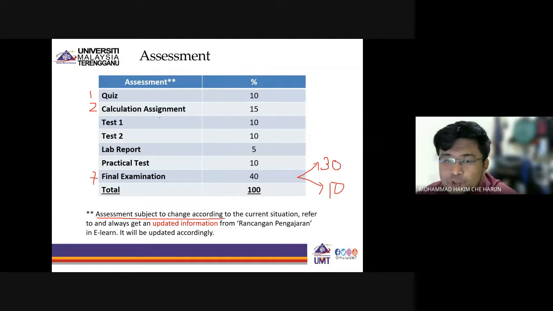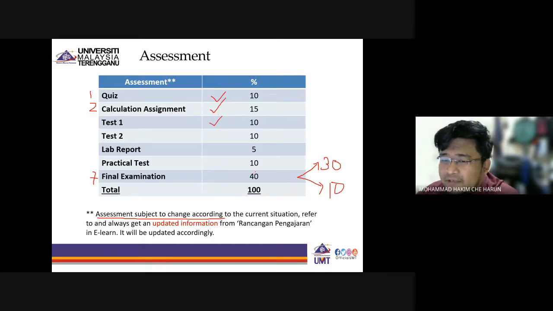So why do we have a lot of assessments? Because fluid mechanics is a subject familiar to the students, and even to the lecturer. It's quite a fundamental subject. It's quite a difficult subject, I can say. We make it this way so you're going to have a lot more assessments because we try to help you.